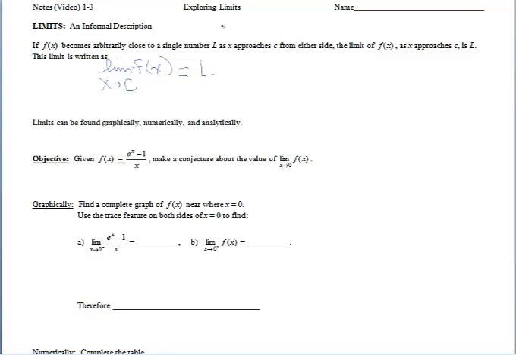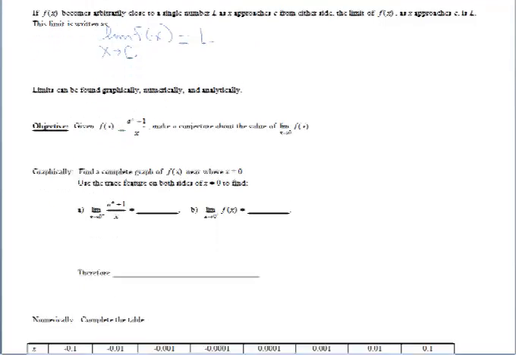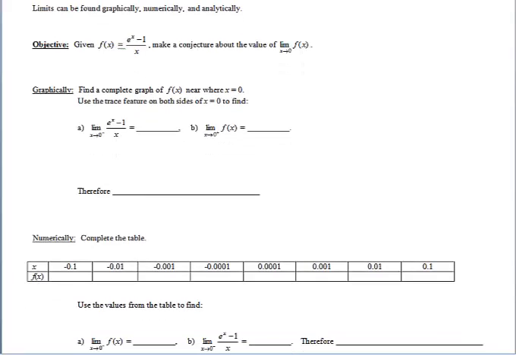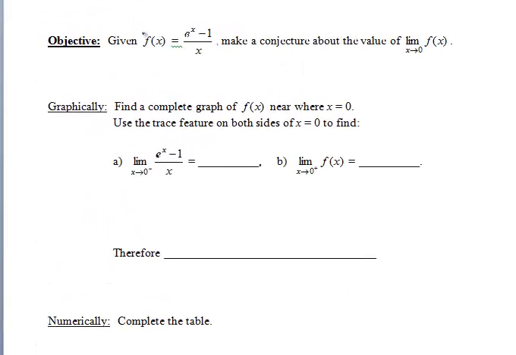All right. Now, limits can be found graphically, numerically, and analytically. So in this first example that we're going to look at, we're going to start with the graphical approach. Here we have this function. It wants us to make a conjecture about the value of the limit as x approaches 0. Okay, as x coordinates become really close to 0.